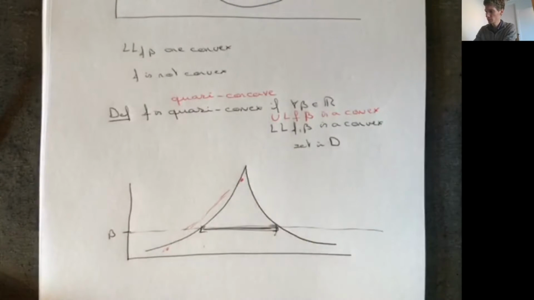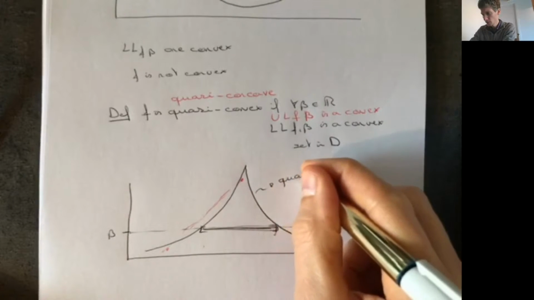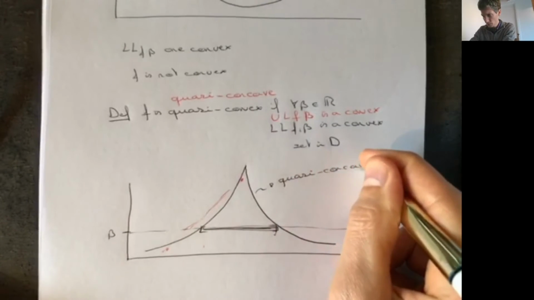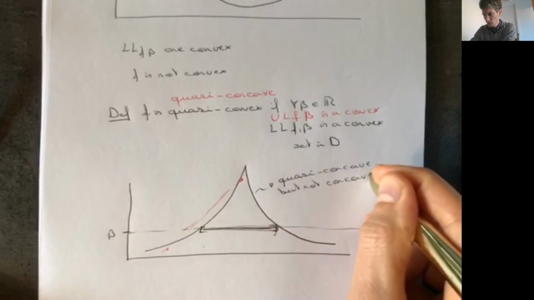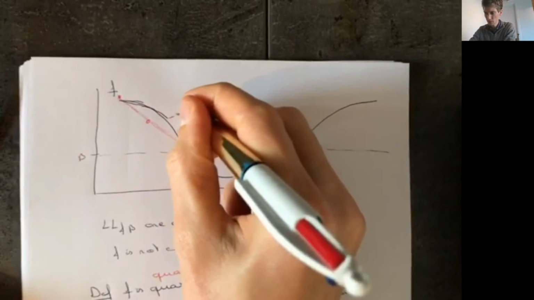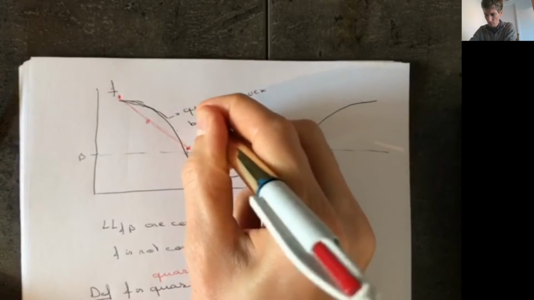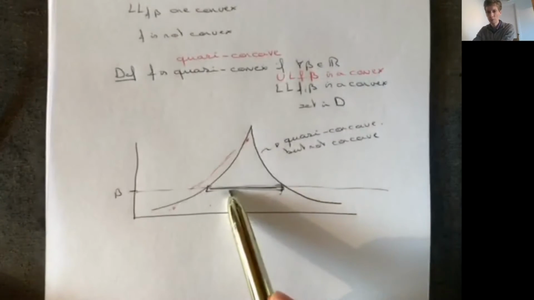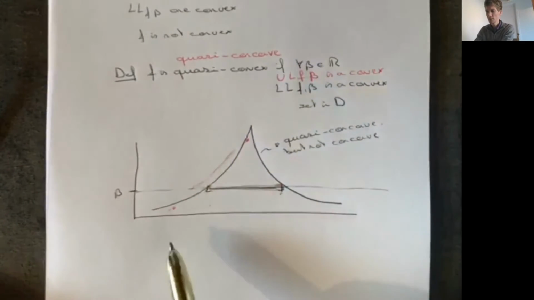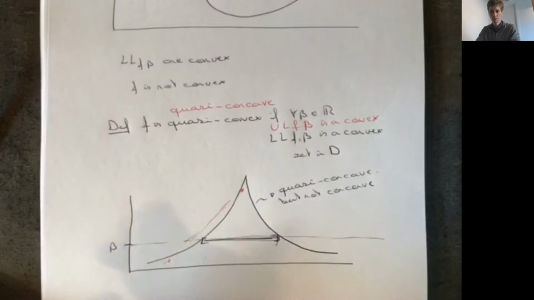So this function is quasi-concave but not concave, and this one here is quasi-convex but not convex. However, you can show that every concave function is quasi-concave, but the reverse is not true, right? So quasi-concavity is a generalization of concavity. Okay.